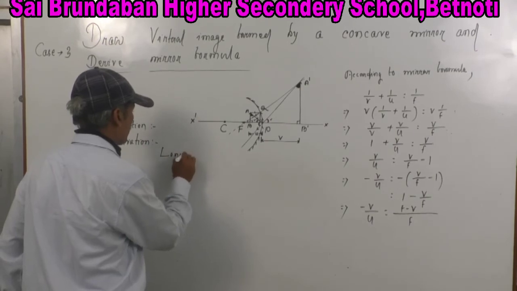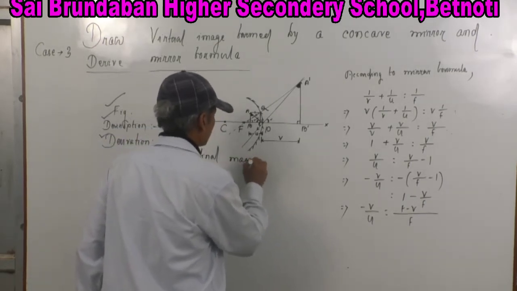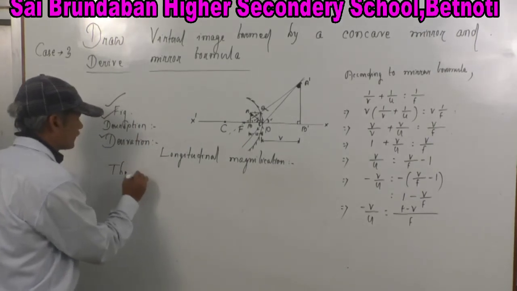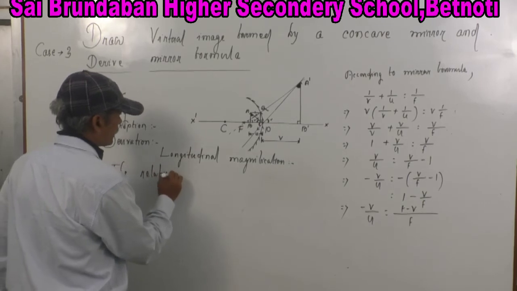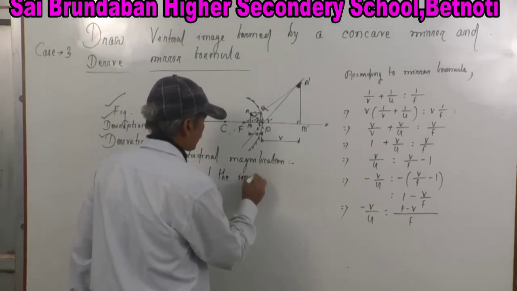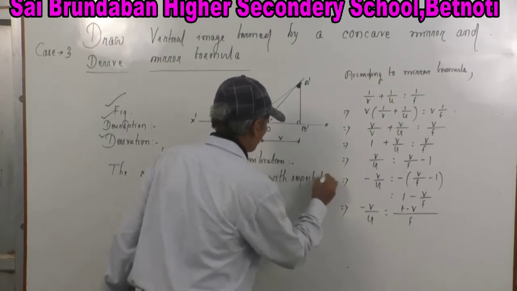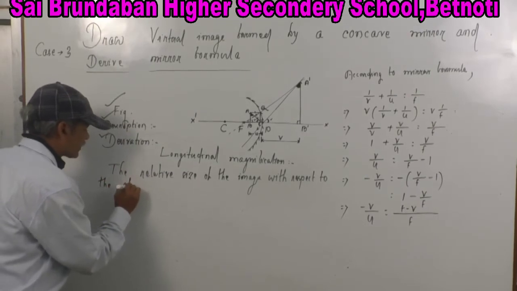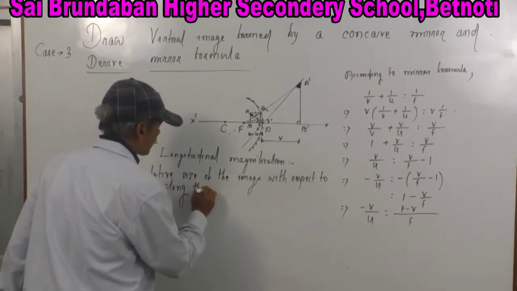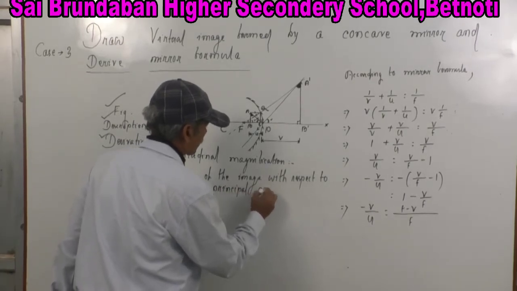Longitudinal. The relative size of the image with respect to the object along the principal axis.